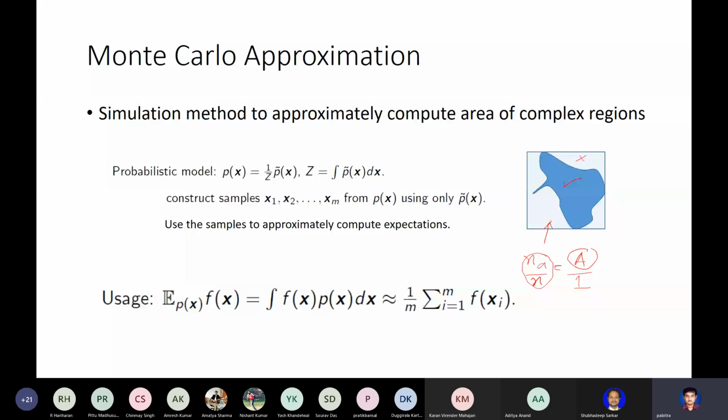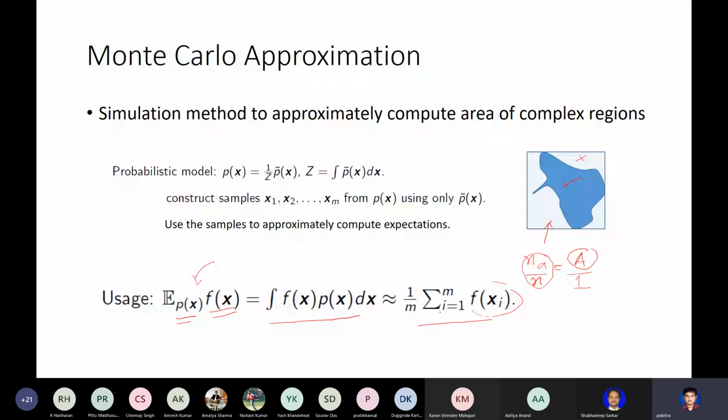If P is an unknown, complex distribution, and f(x) is any function, you can approximate this integral of f(x) p(x) dx, which is nothing but the expectation of f(x) with respect to p(x), by the fraction of samples, f(x_i), which are accepted, and the sum of their values.